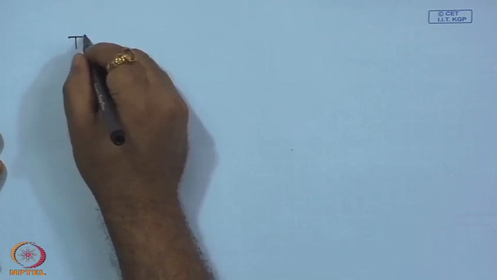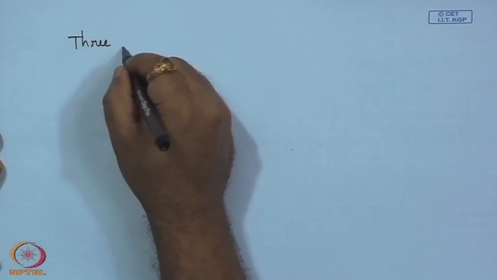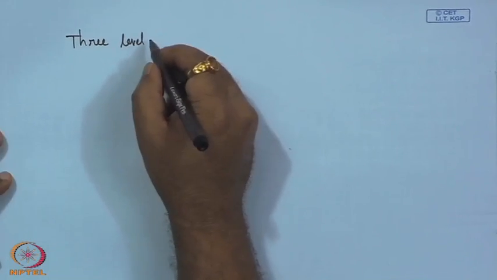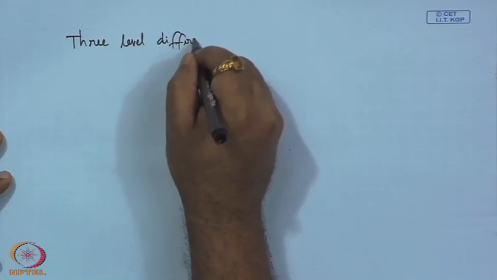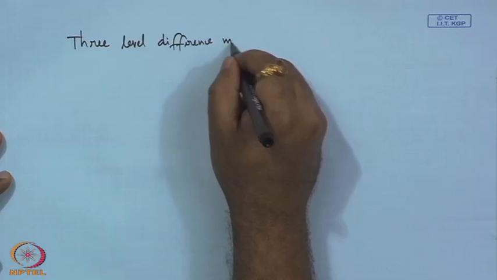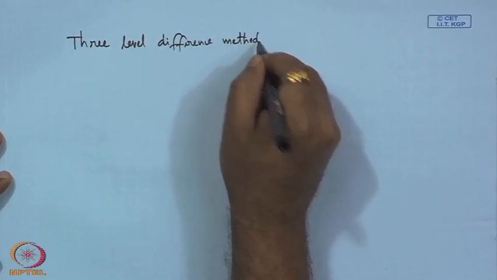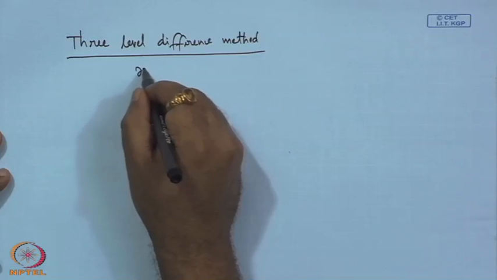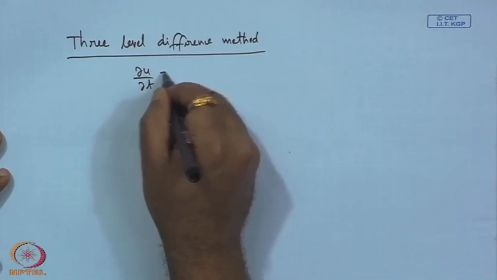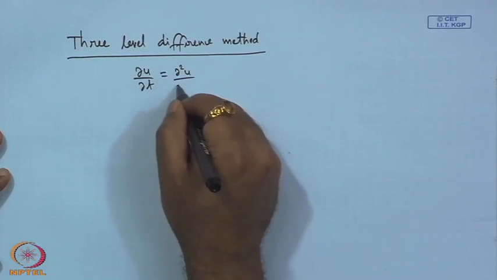Of course, it depends on the way we discretize. So, a 3 level difference method.